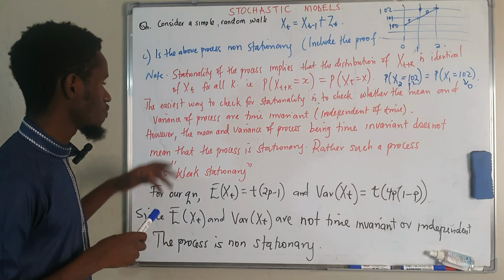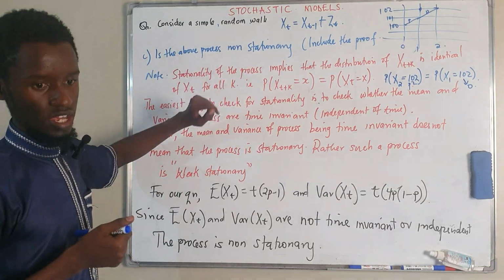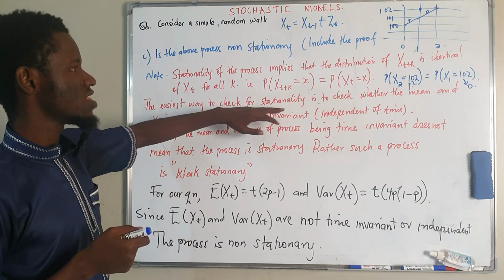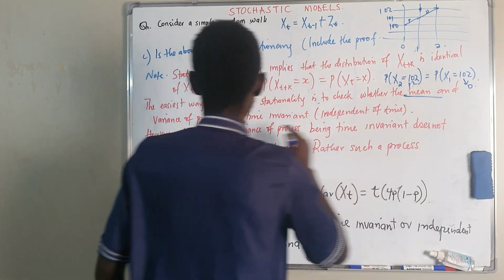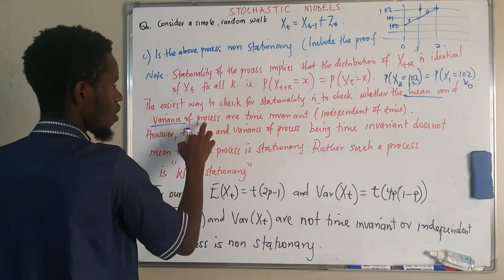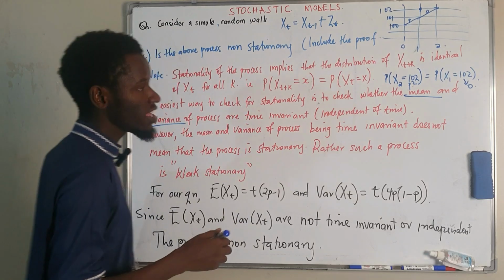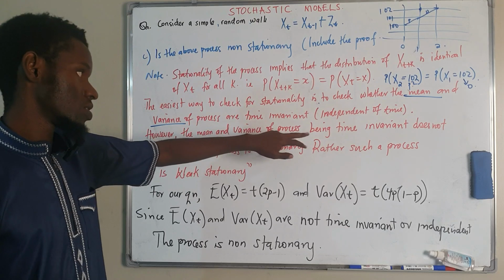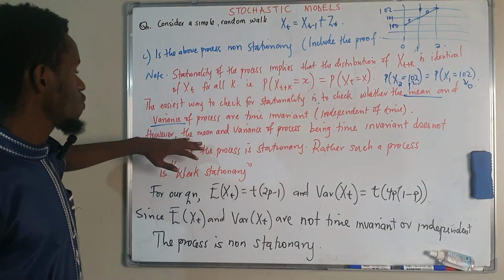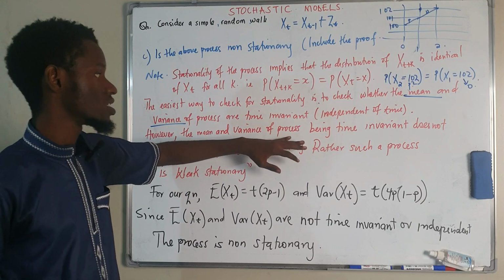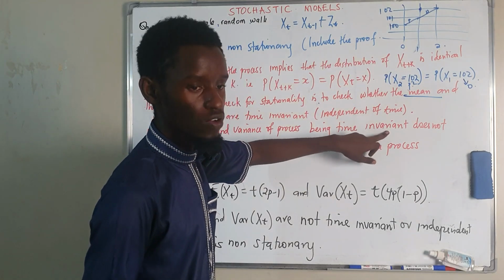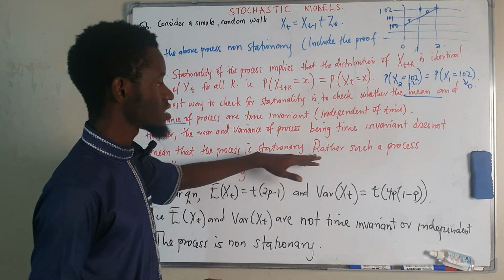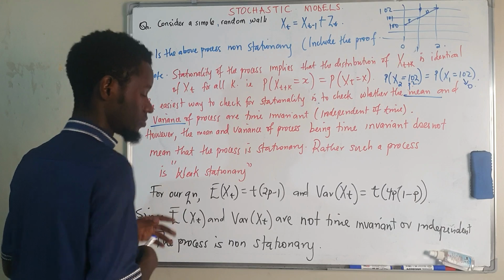I'm saying that the easiest way to check whether the process is stationary is to check whether the mean and the variance of the process are time invariant, i.e., independent of time. However, when the mean and the variance of the process are time invariant, it does not mean that the process is stationary. It just means that the process is weak stationary.